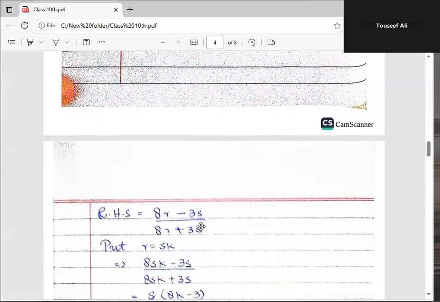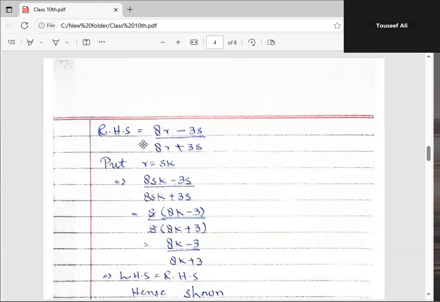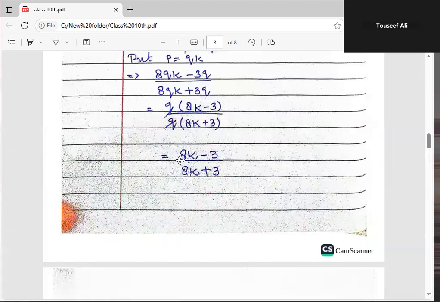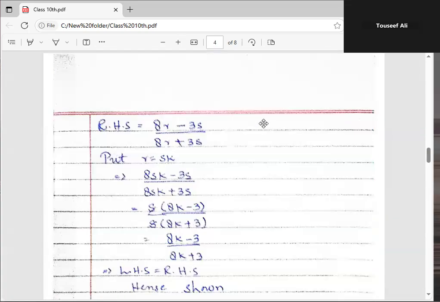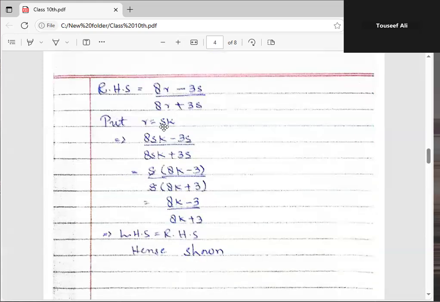Now we will start the right hand side. The right hand side is 8R minus 3S divided by 8R plus 3S. Already by using the K method, we found the value of R, which is SK. Now replace R with SK. So this equation becomes 8SK minus 3S divided by 8SK plus 3S.